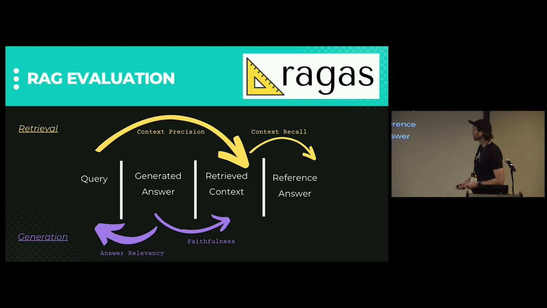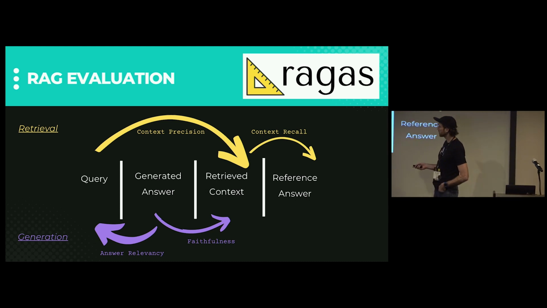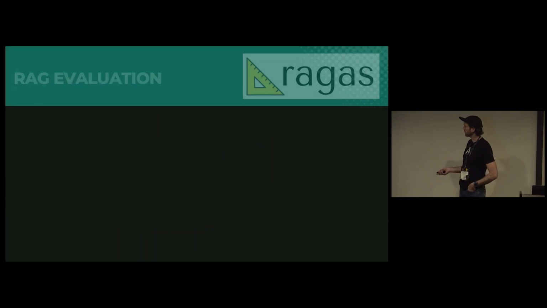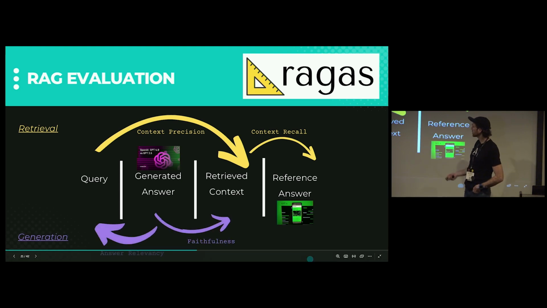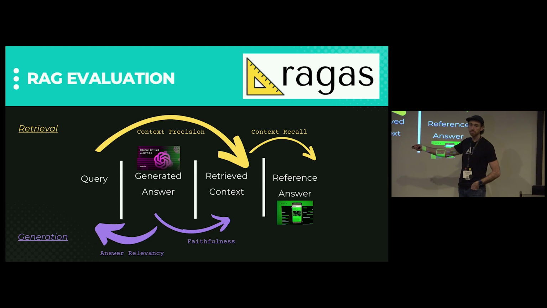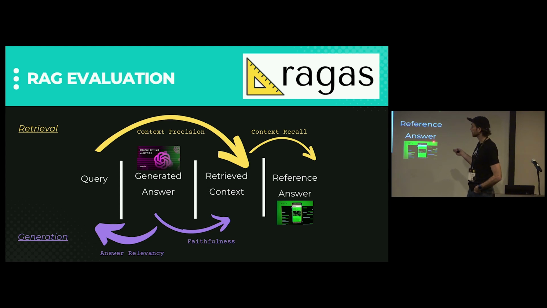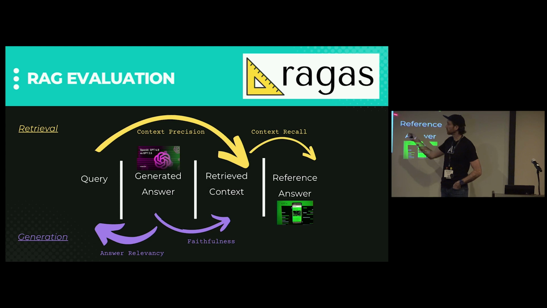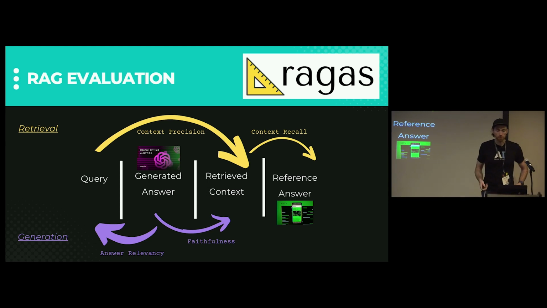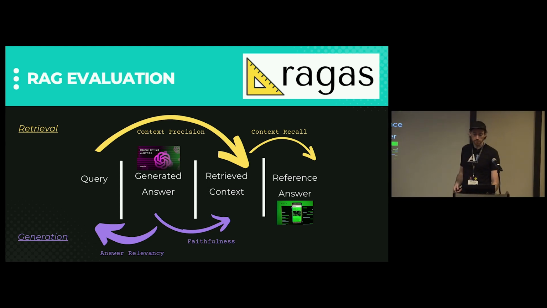So one by one here, keep in mind that today we're going to generate answers using GPT 3.5, and we're going to generate reference answers using GPT 4, because GPT 4 is better than GPT 3.5. Otherwise, even these frameworks don't really make a ton of sense.